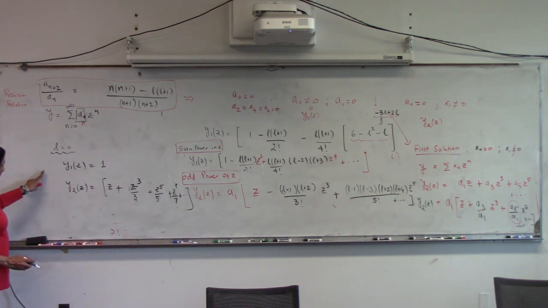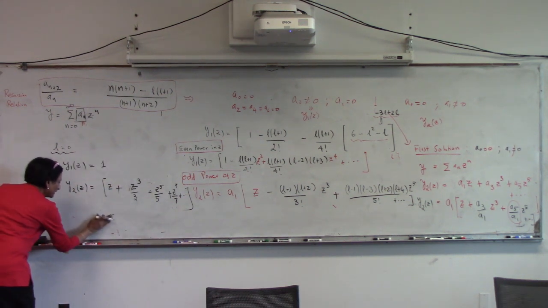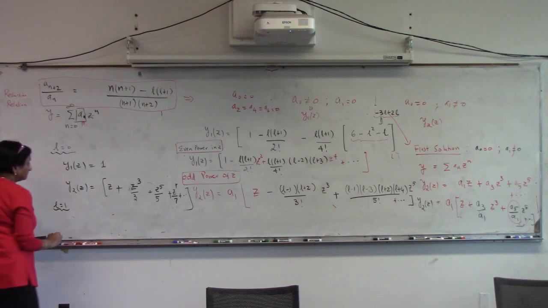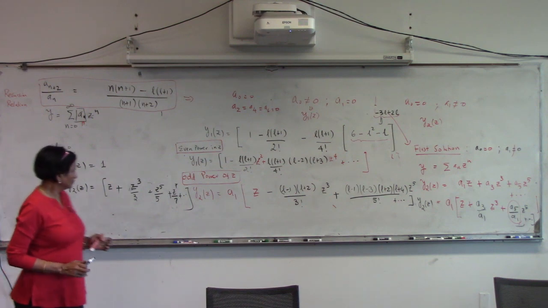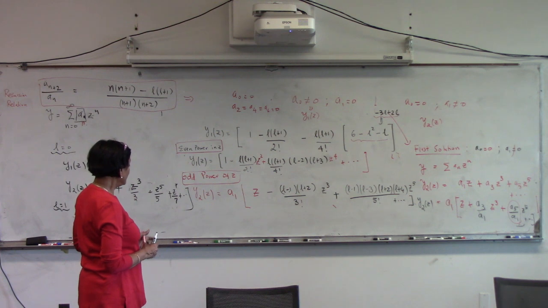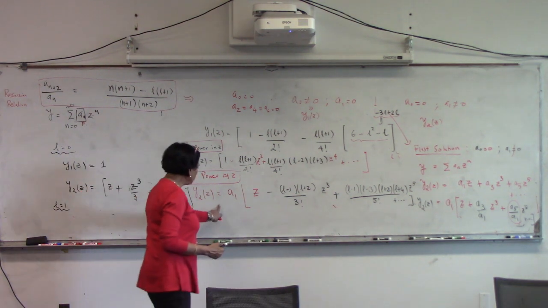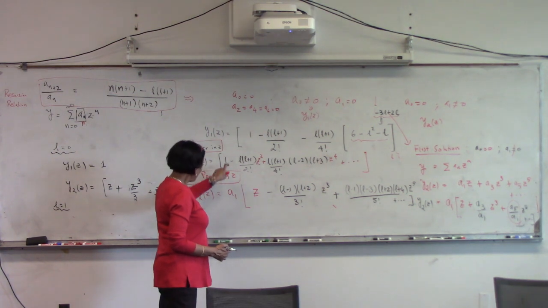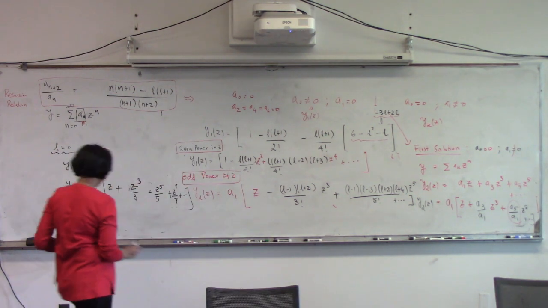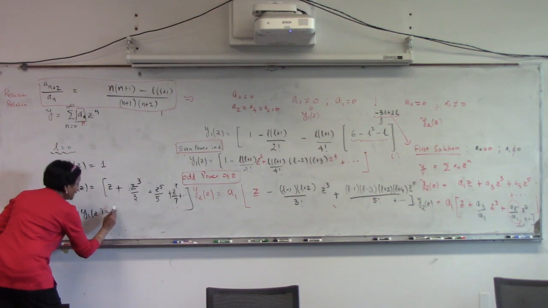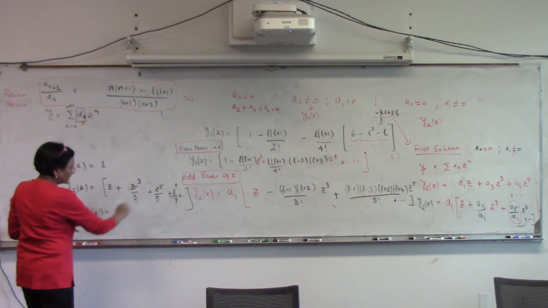Now, I'm going to do one more thing, and then I'll talk about the importance of all these things. L equal to 1. What is happening? The second becomes 0. Now the other one, y2 has become a polynomial, and this one is an infinite series now. So when this is the case, y1(z), I'm going to call it some function of z, I'm not going to expand it, but you can do it.